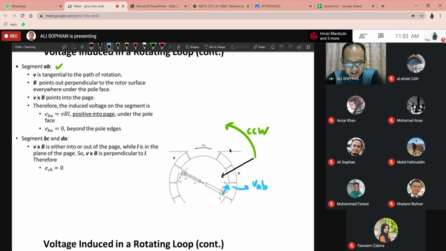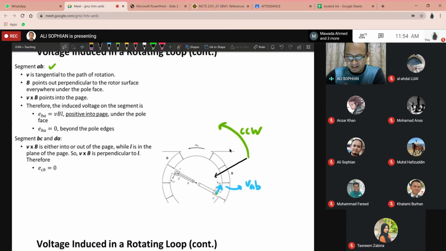Can anyone guess or describe in which direction B is at that point? It's maybe a bit difficult to answer, especially to describe. But what we need to remember is what we discussed in the previous 3 slides, I think.